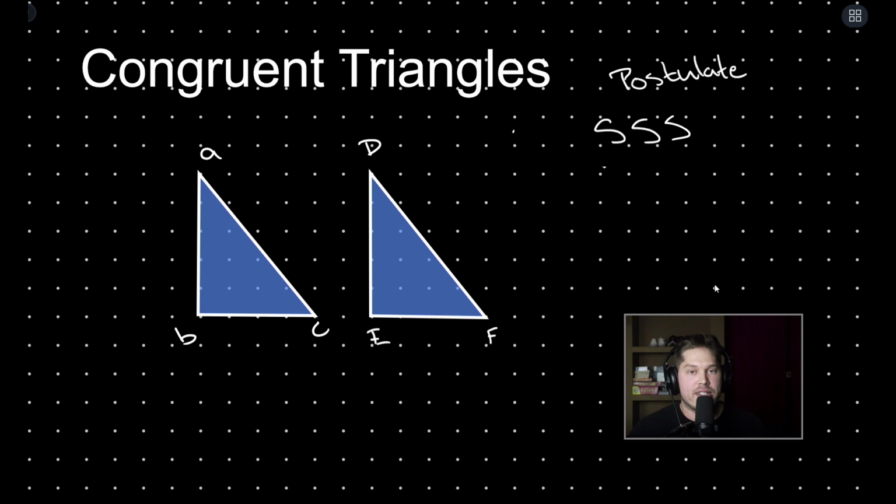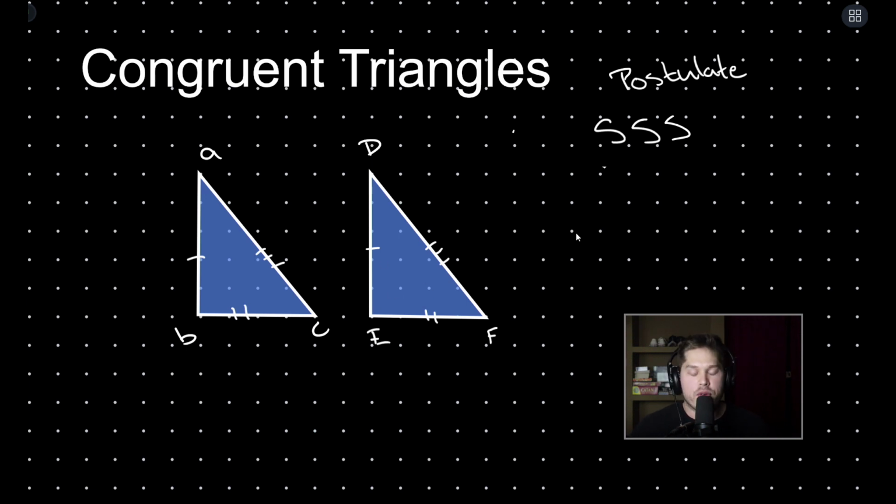And what would that look like? Well, we would be told that these sides match up, and these sides match up, and this would tell us that triangle ABC is congruent to triangle DEF.